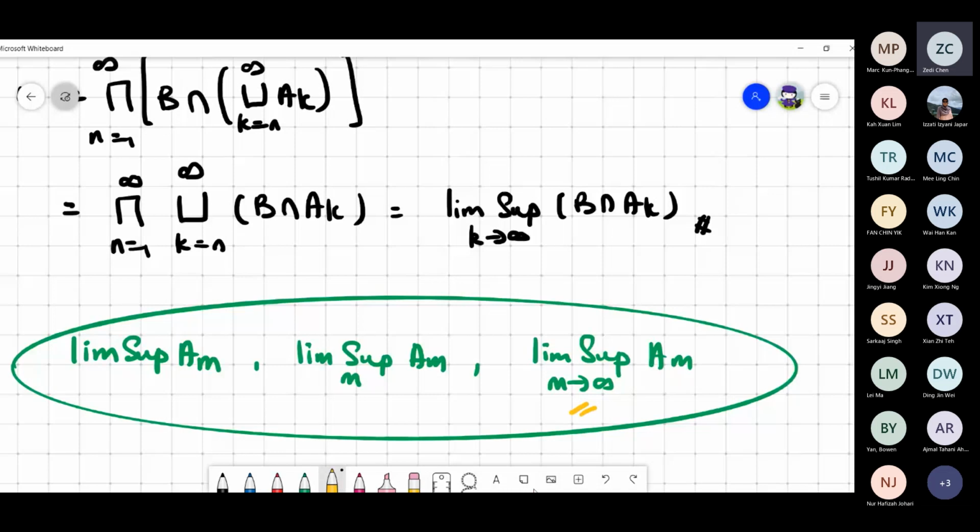However, sometimes we are lazy, so we simply write lim sup M AM, or we can make it even easier, lim sup AM. But you just need to understand these three things represent the same meaning.